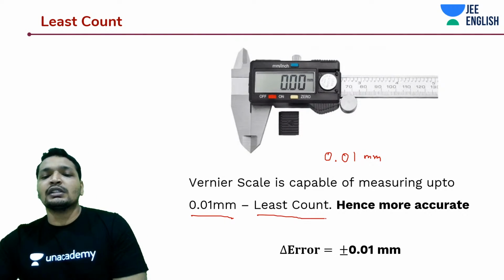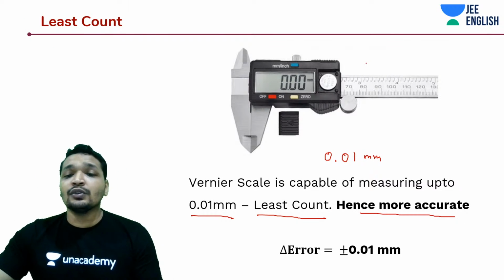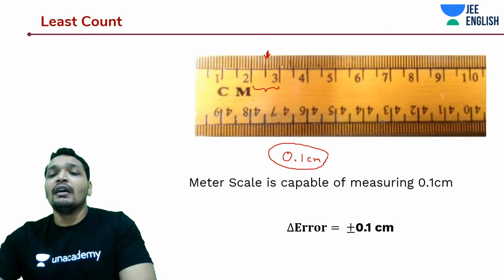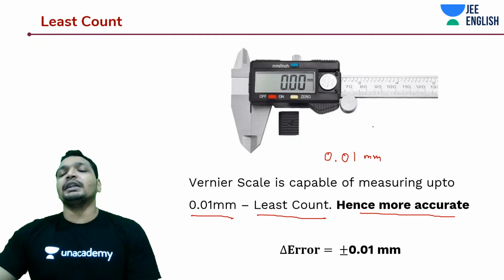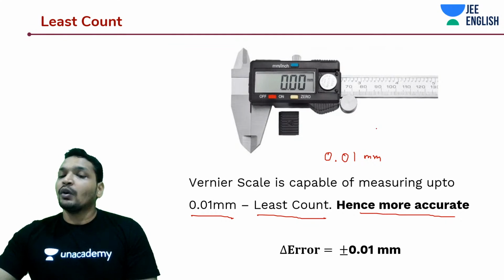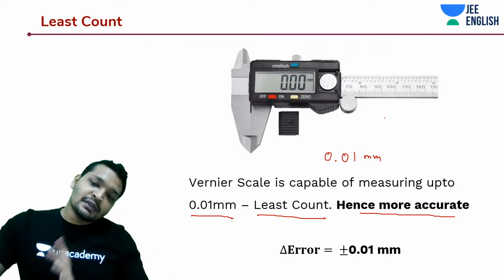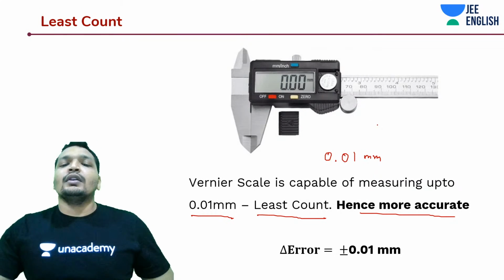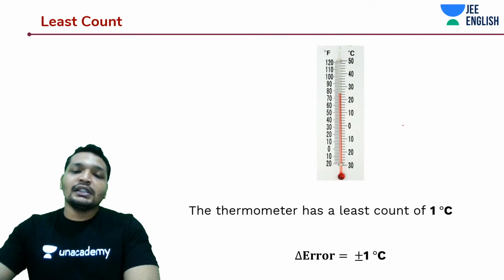The least count is far better than the meter scale. That means it's more accurate. In that case, you are struggling to deal with 0.1 centimeters in the meter scale, whereas now you can measure up to 0.01 millimeter. Okay, that is literally, I think, 100 times that value. So it can measure values with better accuracy. That's what least count tells you.